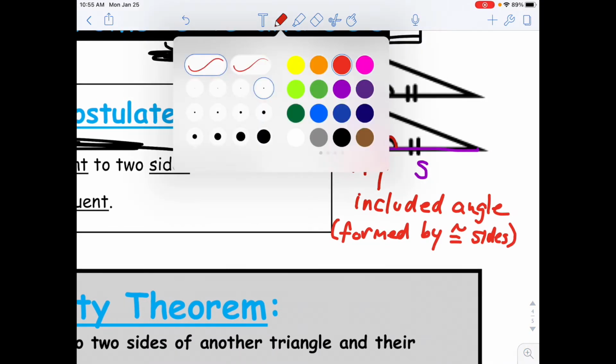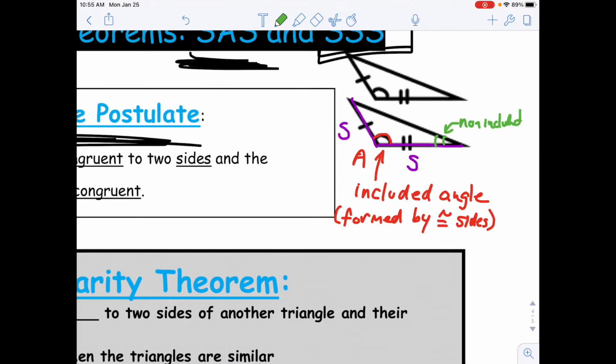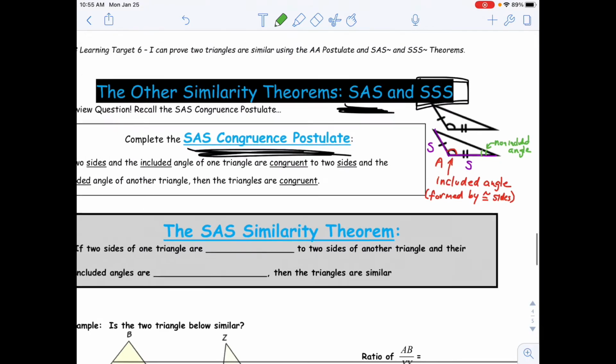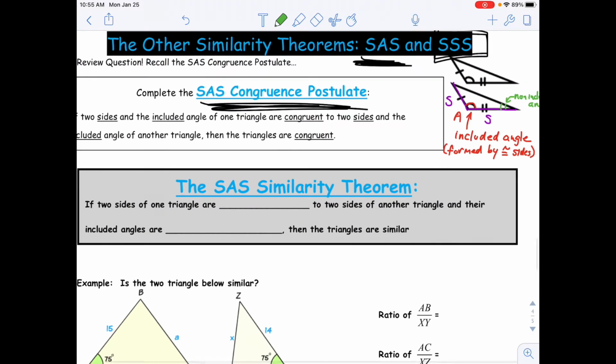And just for fun, this would be a non-included angle. It's not formed by the congruent sides. But nonetheless, now we have the side, angle, side similarity theorem.